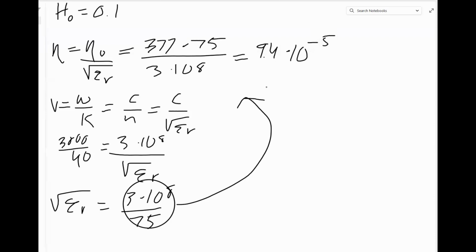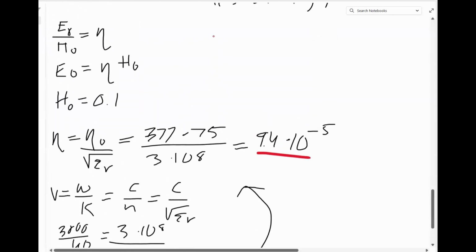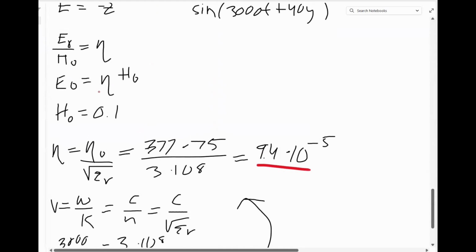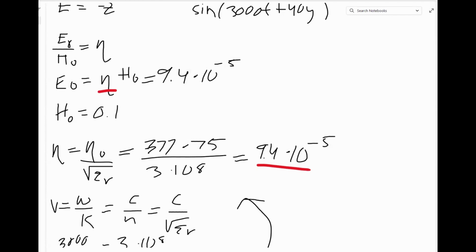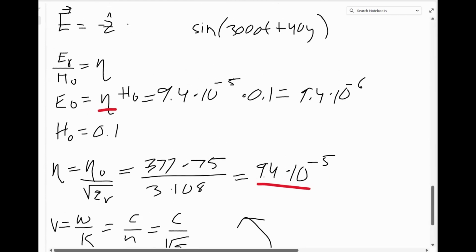Okay, and now that we have this value, we can put it into this equation. So we can rewrite this as 9.4 times 10 to the power of negative 5 times 0.1, which will give us 9.4 times 10 to the power of negative 6. So now that we have our E naught value, we can plug it into this equation.